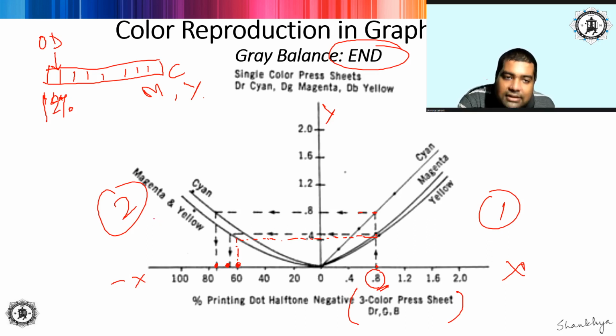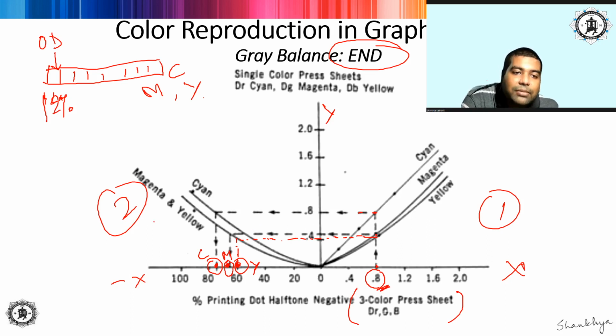So that means you have found out essentially that in order to reproduce a neutral gray having an overall density of 0.8, how much dot percentage for cyan, how much for magenta, and how much for yellow is required in your negative channel separations, for them to be printed and overlap to get a neutral gray density of 0.8, right?